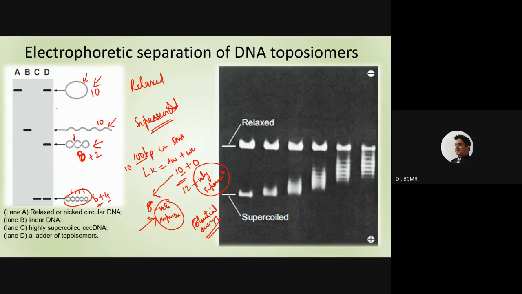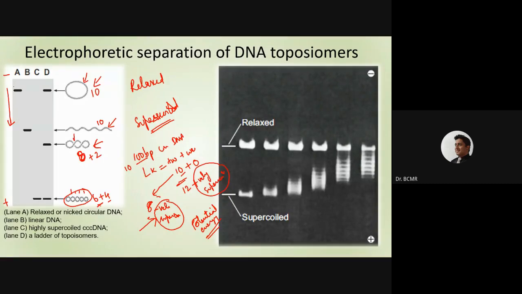So during electrophoresis, DNA moves from the negative electrode to the positive electrode because DNA is negatively charged. DNA is negatively charged because of the electronegativity present on the phosphate backbone. So all nucleic acids are negatively charged, so they will travel towards the positive electrode.